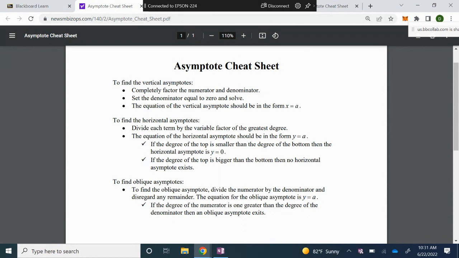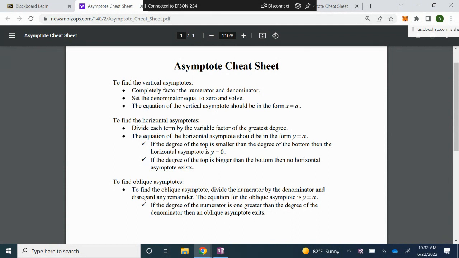It says if the degree of the numerator is 1 degree greater than the degree of the denominator, then an oblique asymptote exists. Right? So the degree of the top has to be exactly 1 degree greater than the denominator, and then you can find the slant asymptote.